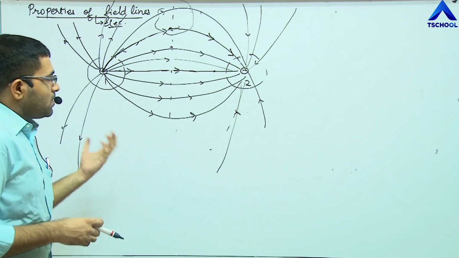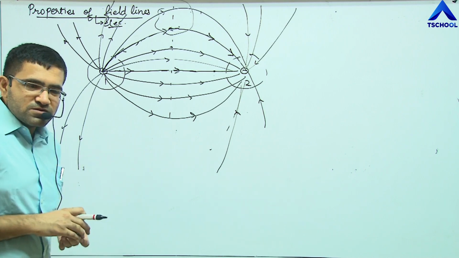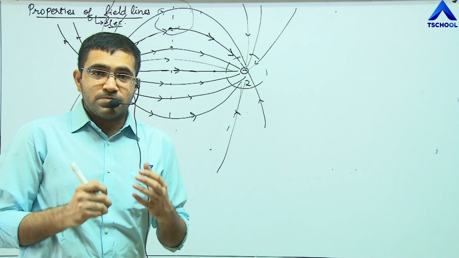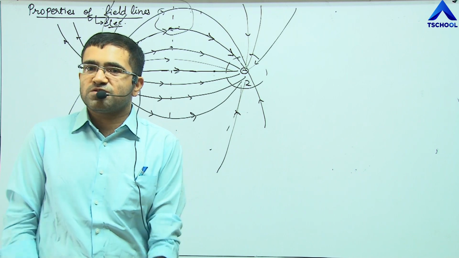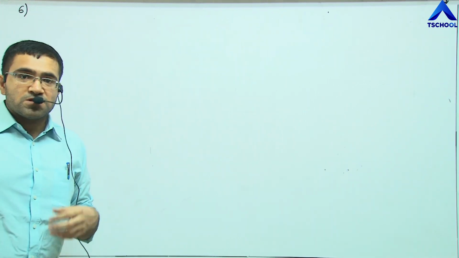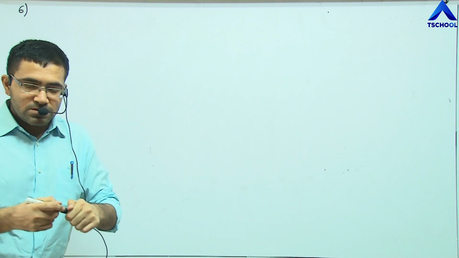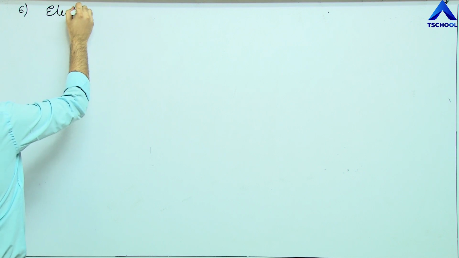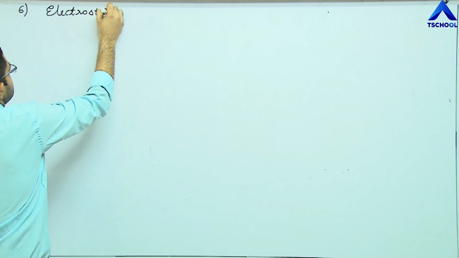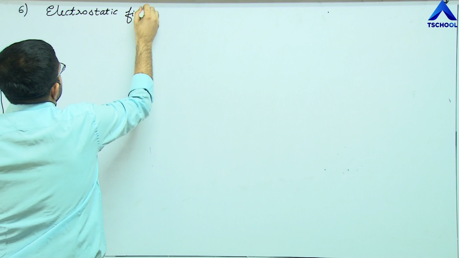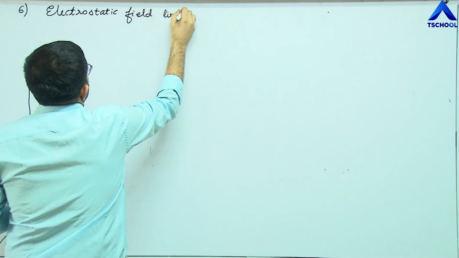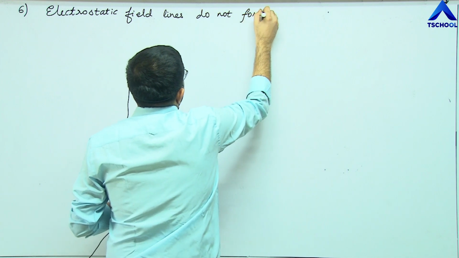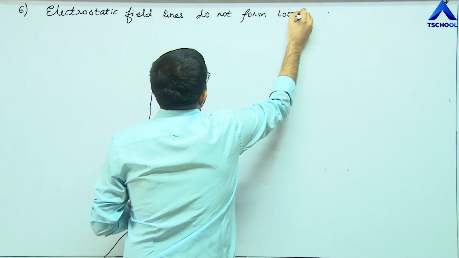Okay, so that's what the electric field lines diagram of a system of a positive and a negative charge looks like. The last property of electric field lines, rather electrostatic field lines, is that they do not form loops.